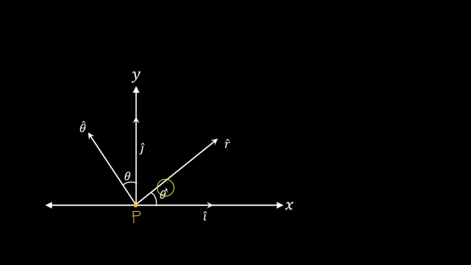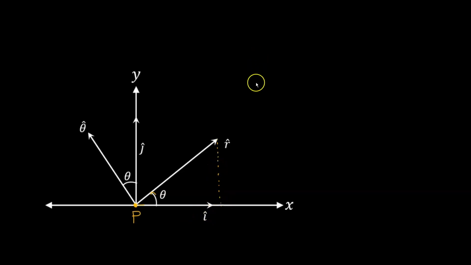So first we begin by considering the x-axis, which has the unit vector i cap, and the y-axis, which has the unit vector j cap, and also the vector r cap, which makes an angle of theta with i cap. Now we want to resolve this particular r vector along i cap and j cap. So for that we have a perpendicular drawn on the i cap.